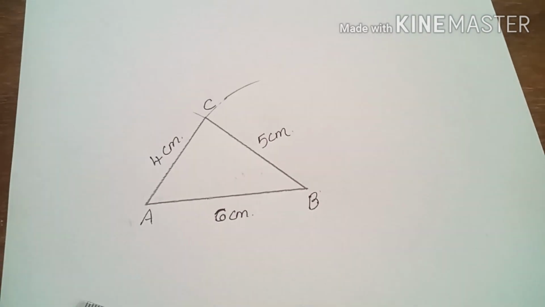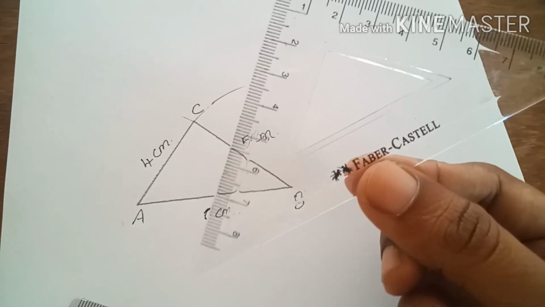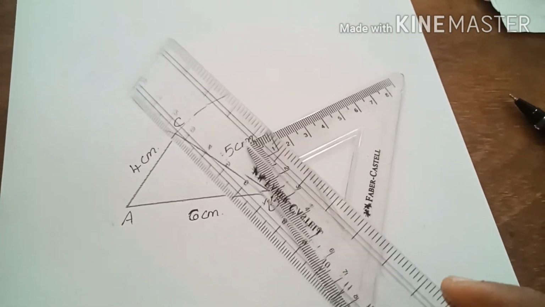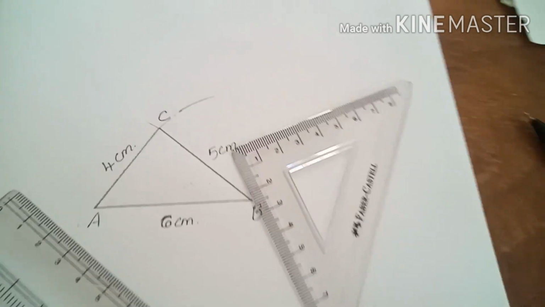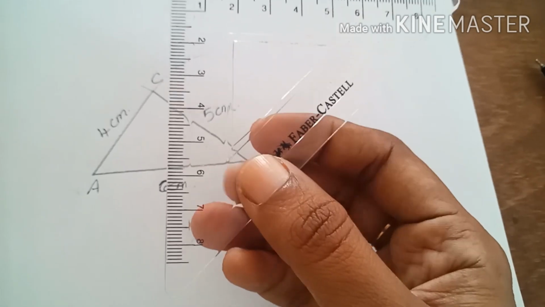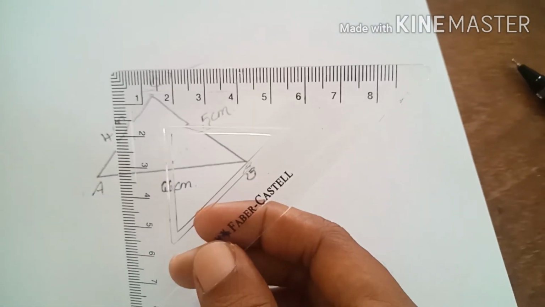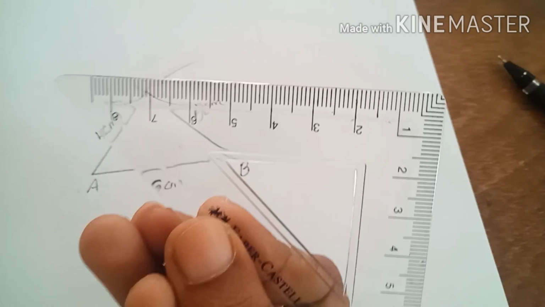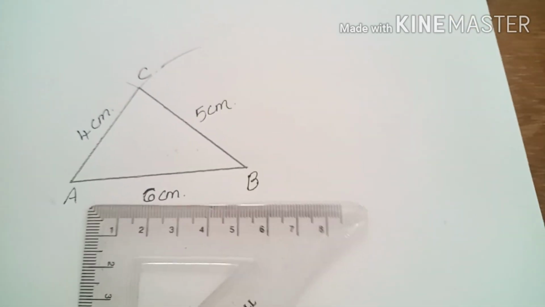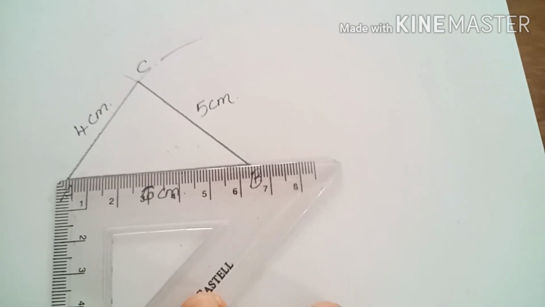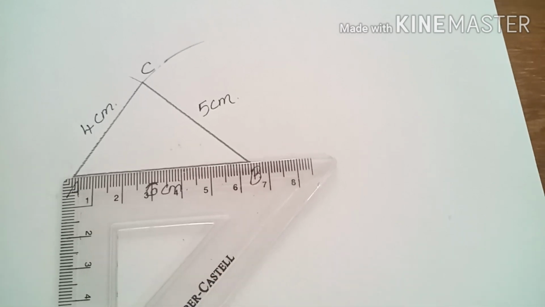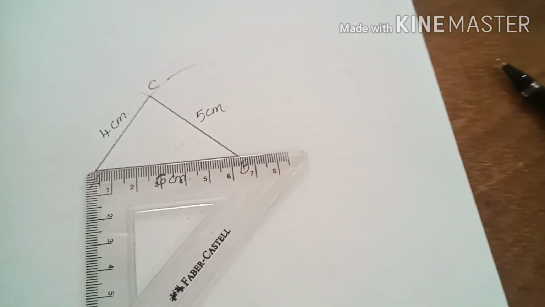Listen carefully. For that, take a set square and a scale also. Now in the set square you can see two perpendicular sides. First perpendicular side like this and second perpendicular side like this. So to draw the parallel line, first of all place the first perpendicular side at the baseline, that is the 6 cm line. Keep like this.